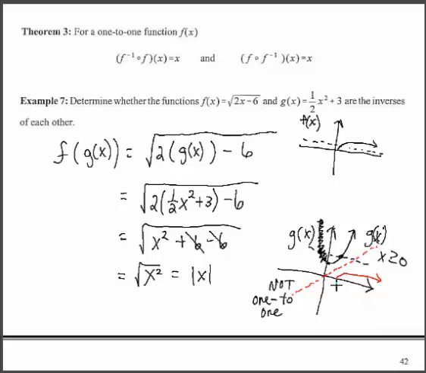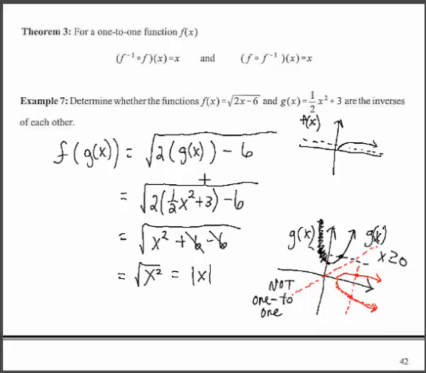If I had mirrored the left half and we didn't have this condition x is greater than or equal to 0, then this red curve, if I drew the whole thing in a solid line, would not pass the vertical line test, which is an indication of a function. In other words, if I draw a vertical line here, I strike it twice, and so that would not be a function.